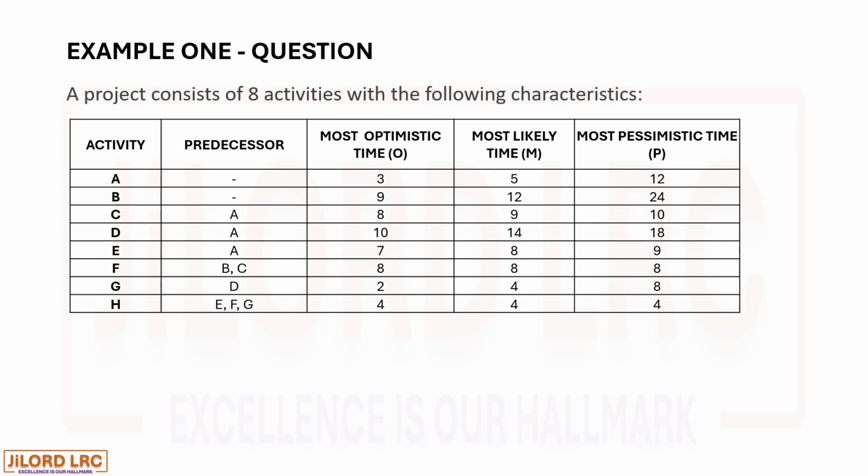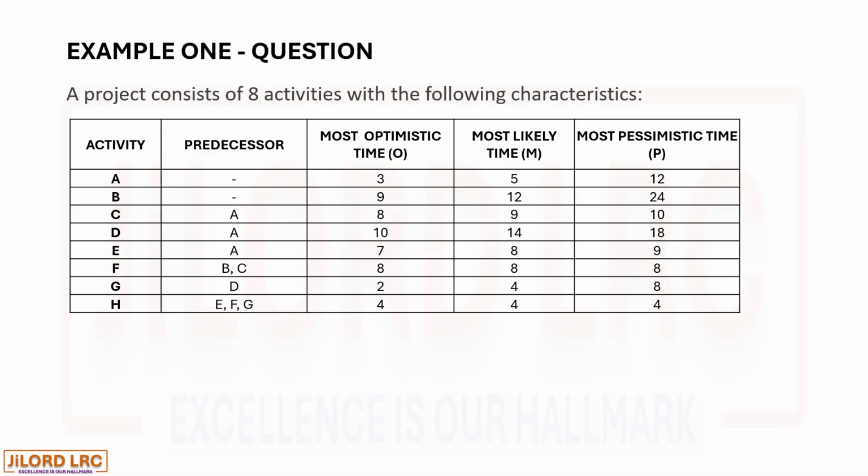It has an optimistic time O of 3 days, a most likely time M of 5 days, and a most pessimistic time of 12 days.